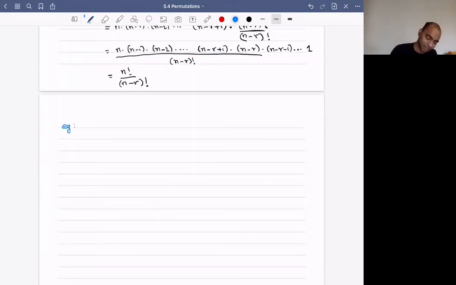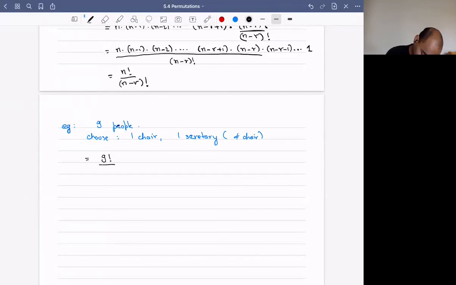The example we did way above, where you had 9 people, and then you had to choose 1 chair and 1 secretary. And this is different from the chair. And the number of ways of making these choices is 2 permutations. So I'll get 9 factorial over 9 minus 2 factorial, which is 9 factorial over 7 factorial.